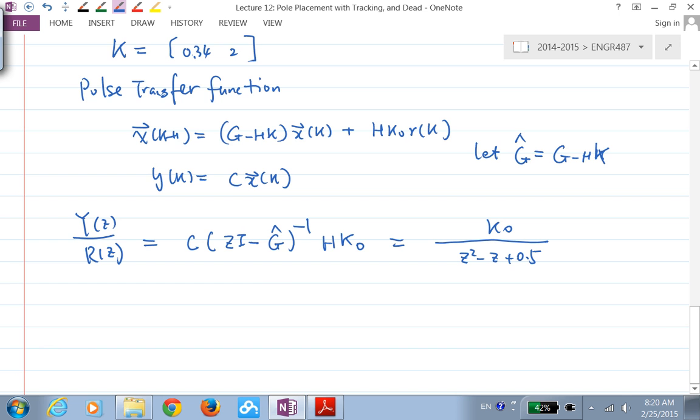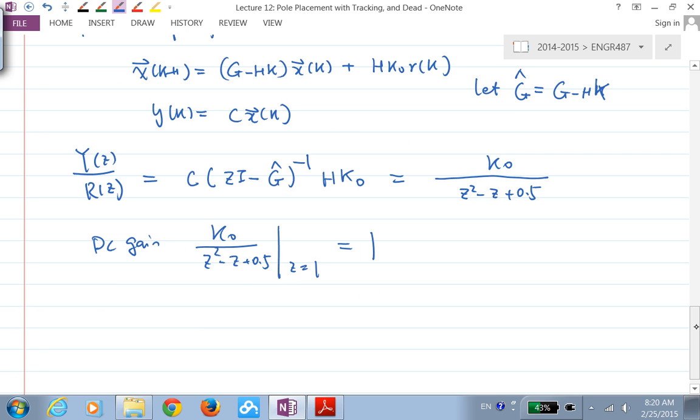DC gain means for this pulse transfer function you set z equal to 1, and that value should be 1.